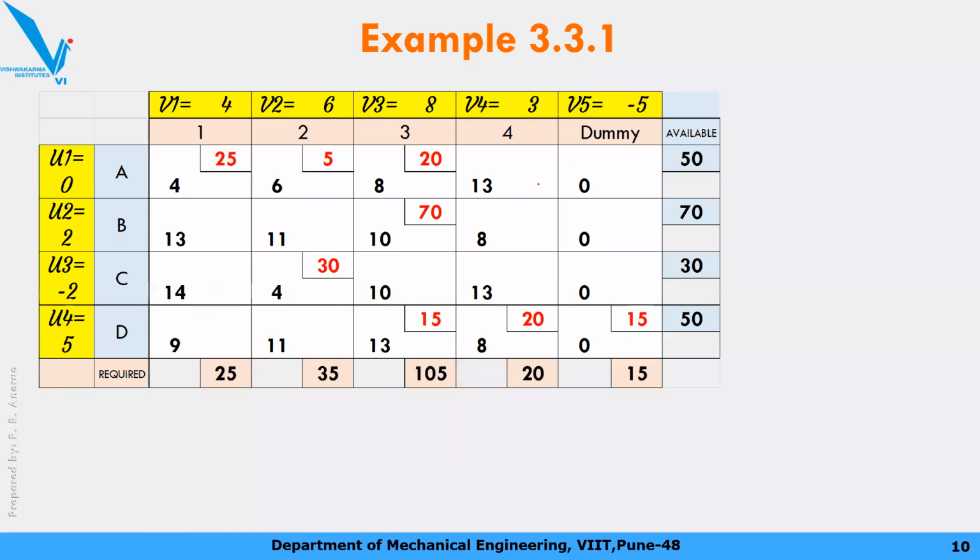Our aim is to minimize the transportation cost. We need to optimize this allocation. Now optimizing means what do we need to do? Whenever there is an allocation, we need to remove it and give it to an unallocated cell. We need to try that.